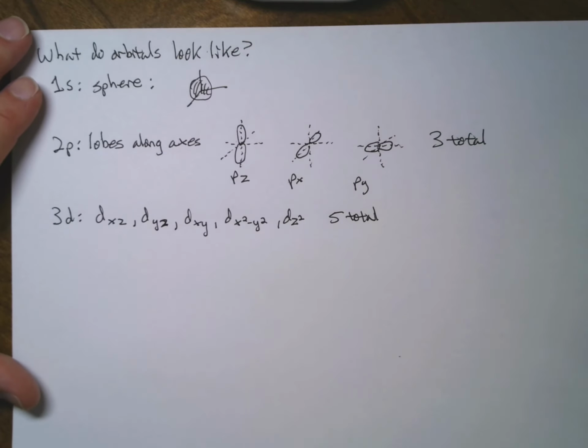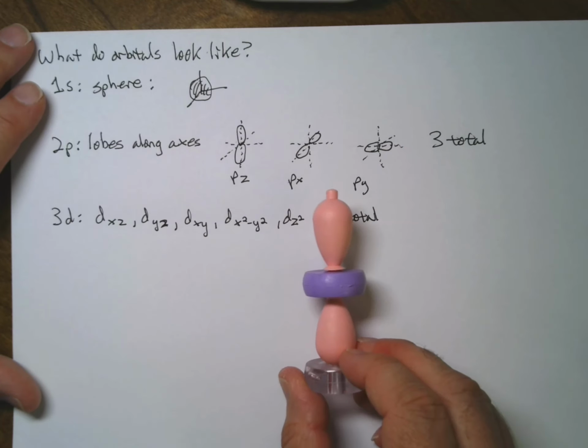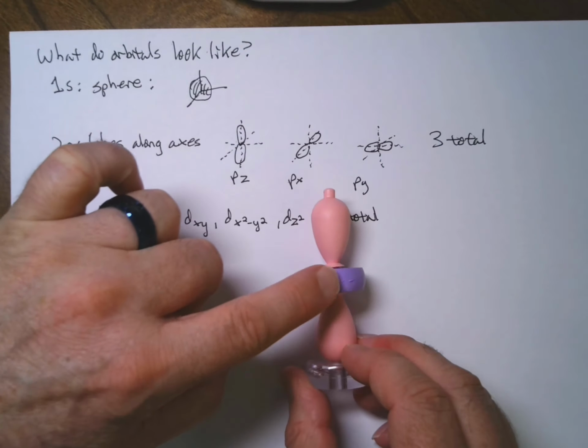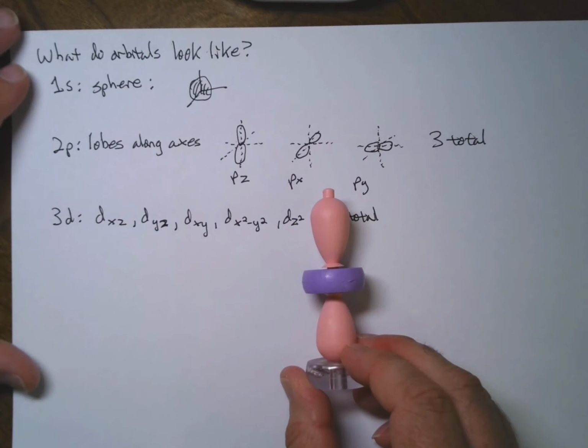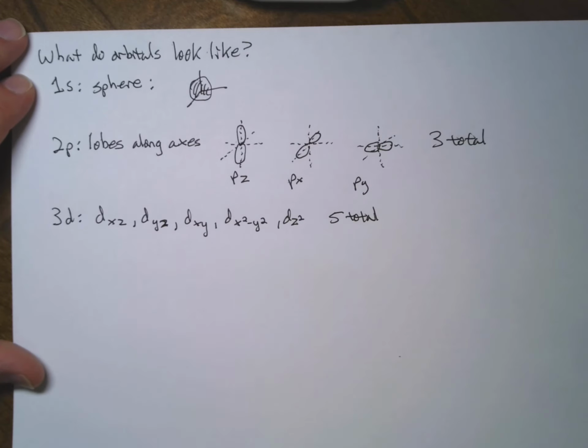Now what do these guys look like? Well, let's see here. First of all, here's the dz squared. It is along the z-axis with this kind of disk of a different phase in the middle. Now we have our different phases here.